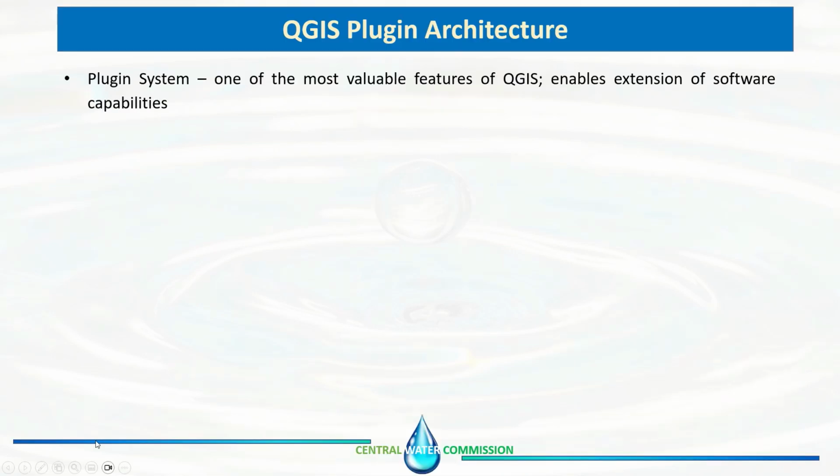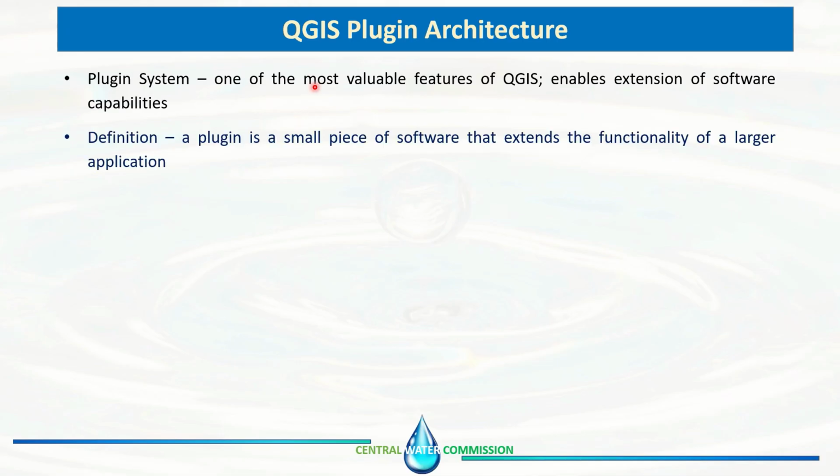Let us quickly summarize the QGIS plugin architecture one more time. The plugin system of QGIS is one of the most valuable features of QGIS, and which enables extension of its basic capabilities. A plugin is nothing but a small piece of software or code that extends the functionality of a larger application, making use of the existing QGIS tools in the processing toolbox.